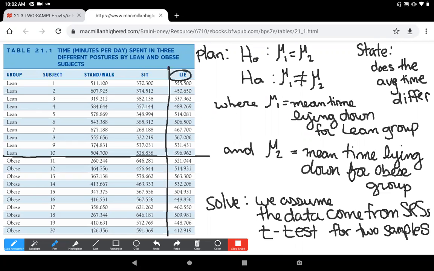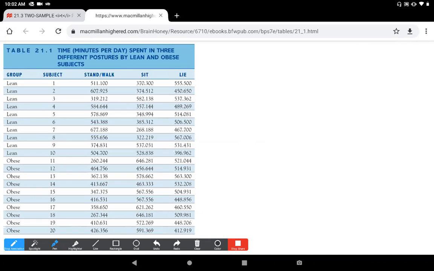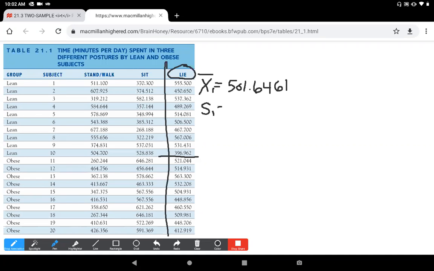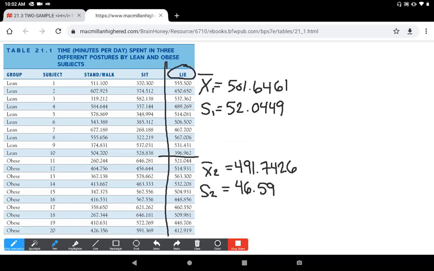All right, now when I put this in the calculator, I got an x bar 1 of 501.6461 and a standard deviation of 52.0449, and I got an x bar 2 of 491.7426 and a standard deviation of 46.5932.